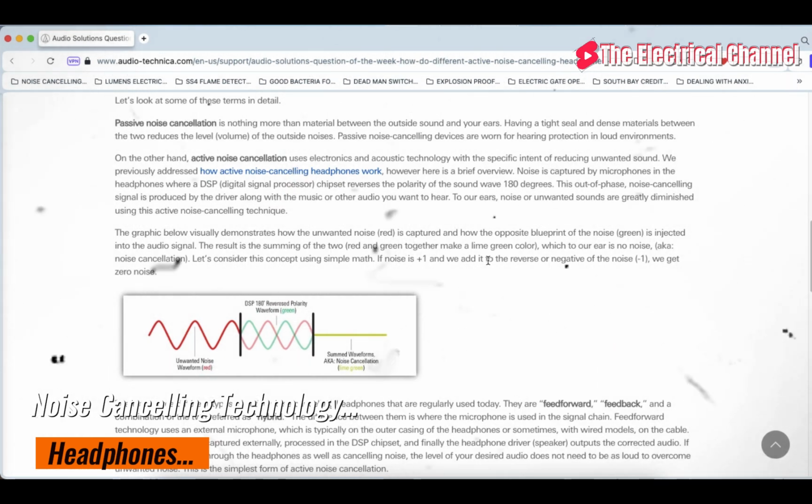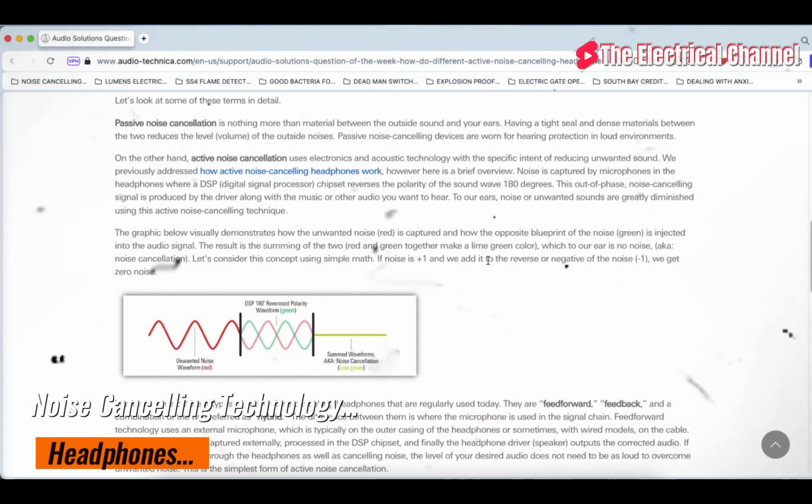On the other hand, active noise cancellation uses electronic and acoustic technology with specific intent to reduce unwanted sound. We previously addressed how active noise cancelling headphones work. However, here is a brief overview. Noise is captured by microphones in the headphones where the DSP, digital signal processor, chipset reverses the polarity of the sound wave by 180 degrees.